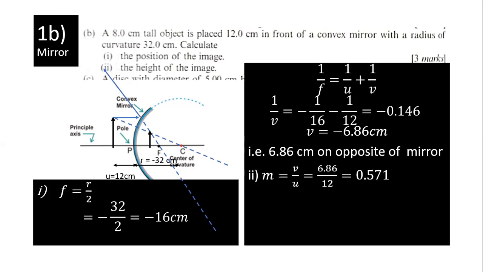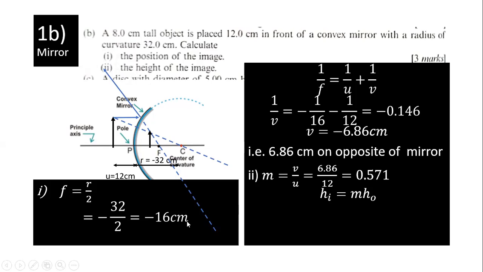How do you get the wrong answer again? Oh, I divided by 16, not 12. Your U is 12, not 16, sir. 16 is the focal length.